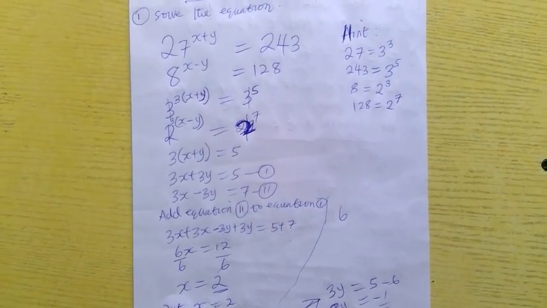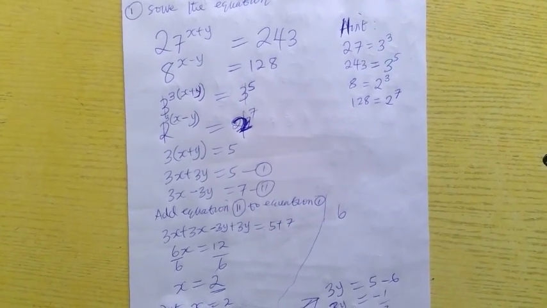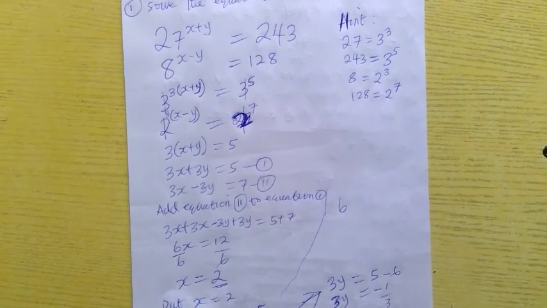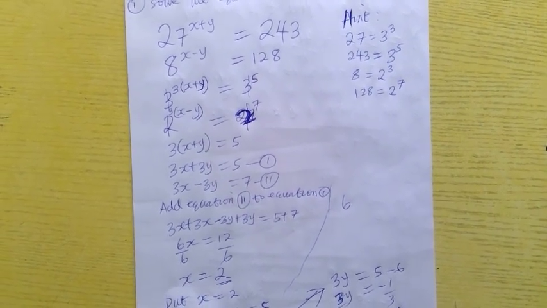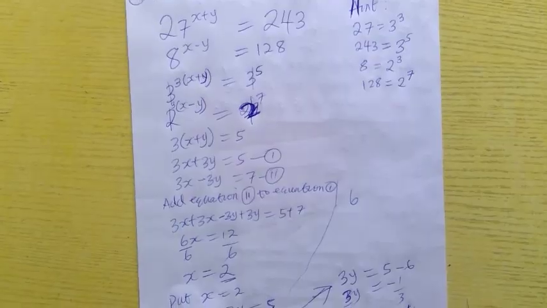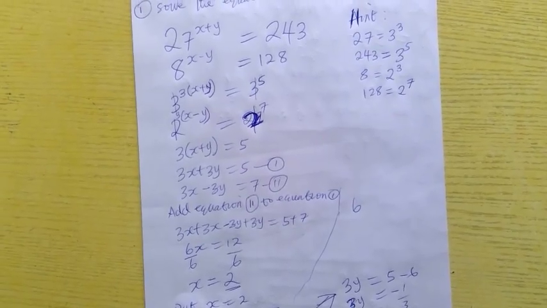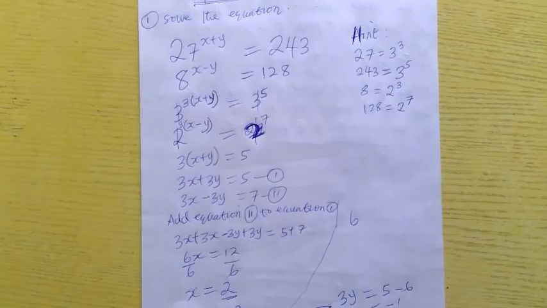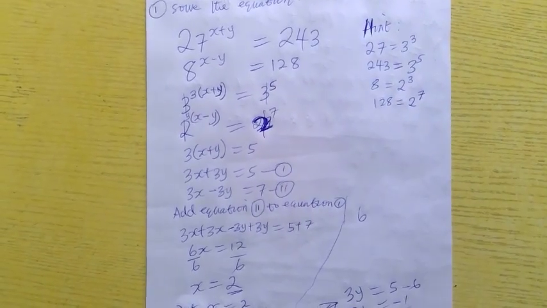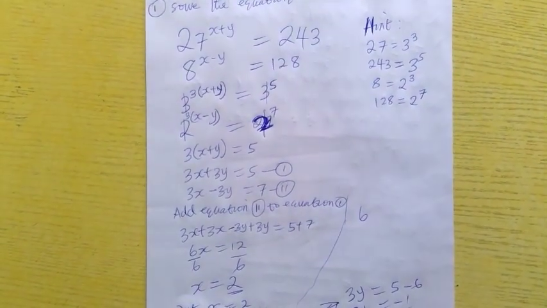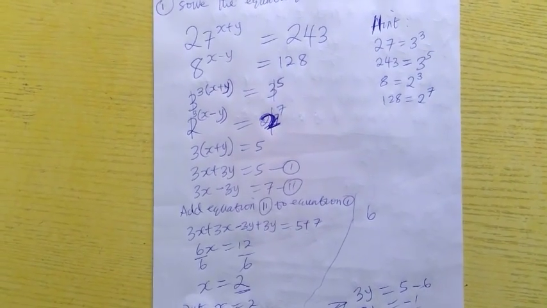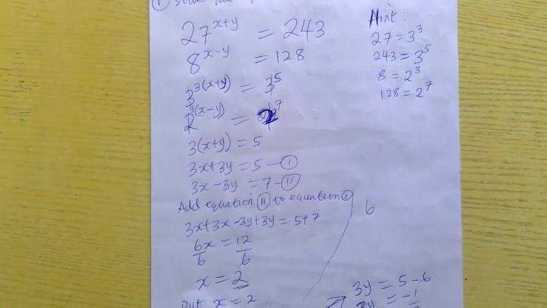Note that 27 is 3 times 3 times 3, which is 3 raised to power 3. Now 243 is 3 raised to power 5. So what is common there is the base 3.